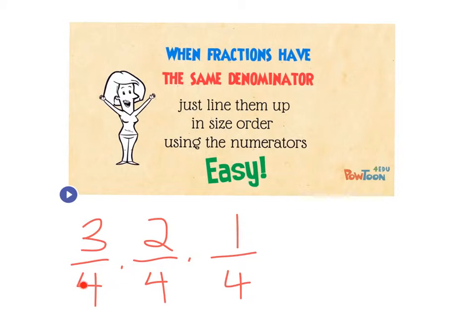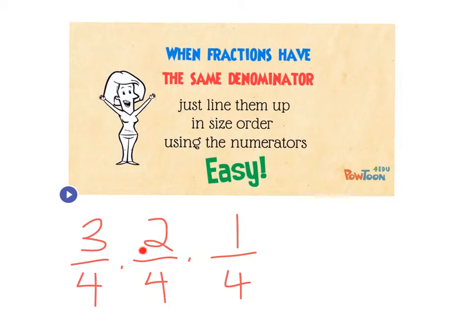Because they're all out of 4, it's really easy for us to see which one's greater and which one is less than. Just line them up in size order using the numerators. The numerator is the top number. Again, that denominator, this word right here, is the bottom number. And the top number is called the numerator, the one that we count. So which number is largest? 3.